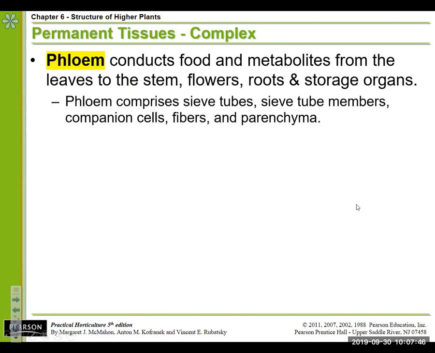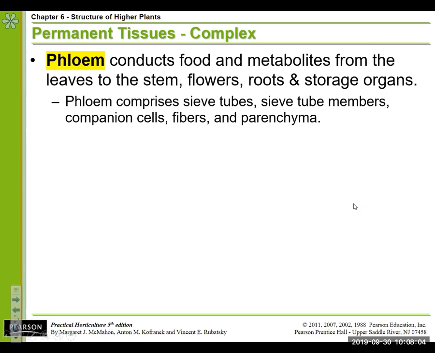The phloem is basically the tubules comprised of these sieve tubes that conduct food and the metabolites, and these can also move up and down the stem.